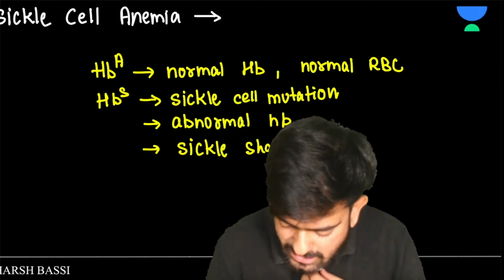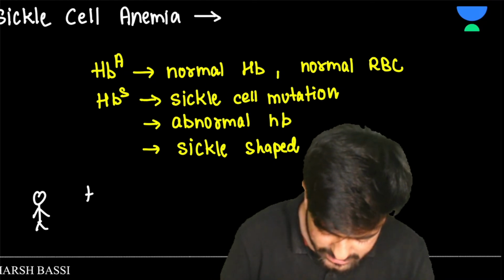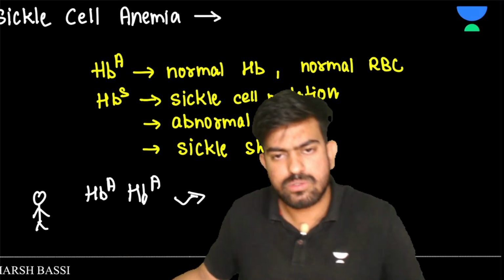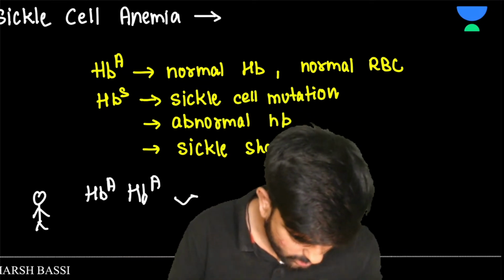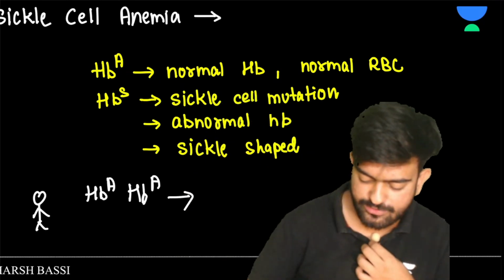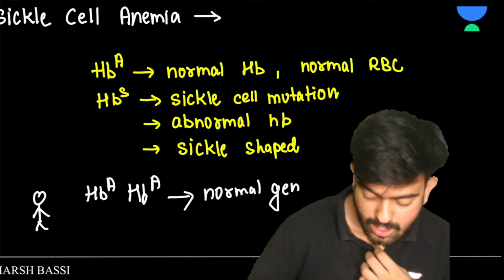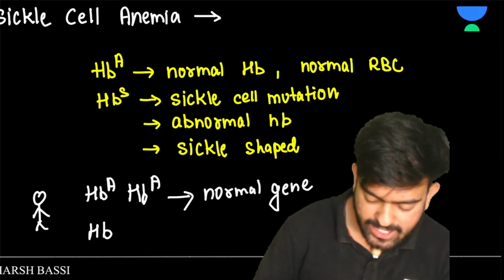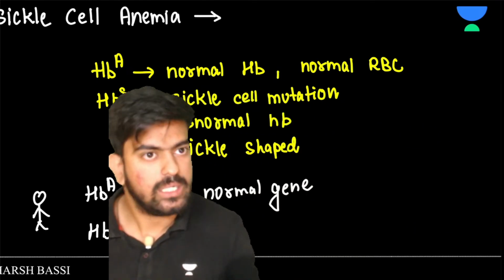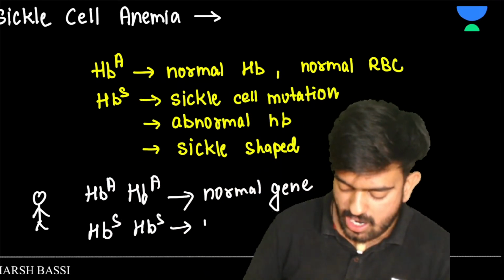Let's suppose a person is having the condition HbA and HbA. It will be normal, no issues, right? Because HbA is a normal gene, so it will have no issues. If a person is having HbS and HbS, sir, this person will die. RIP. This person will not survive.